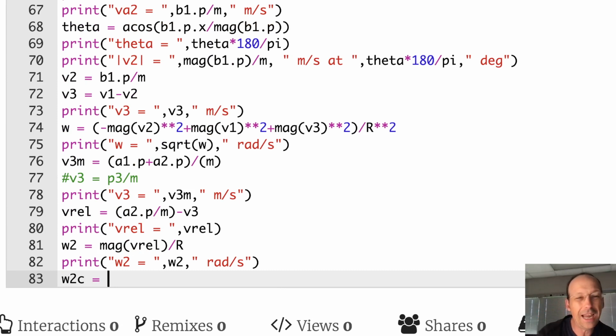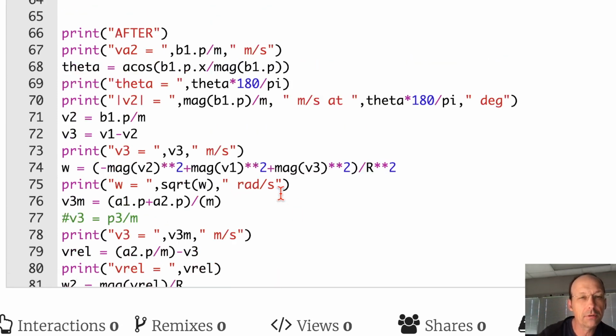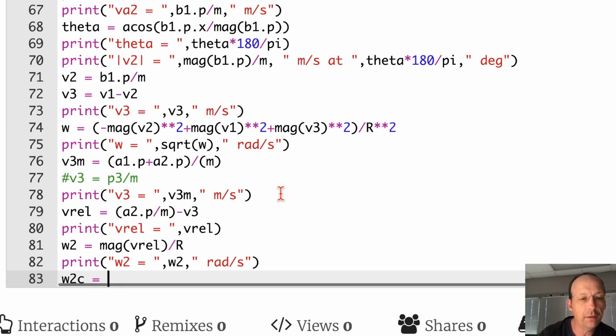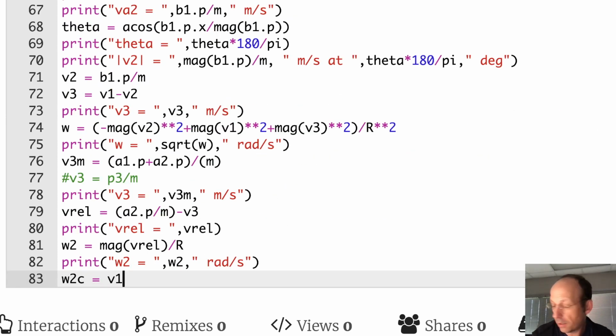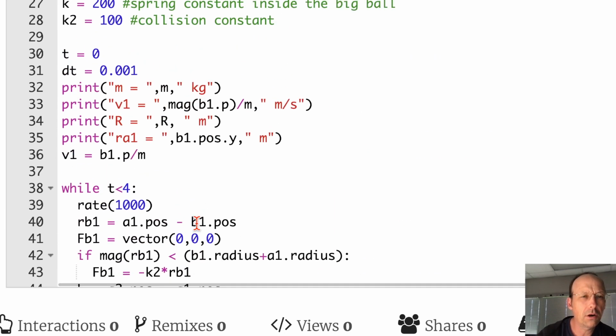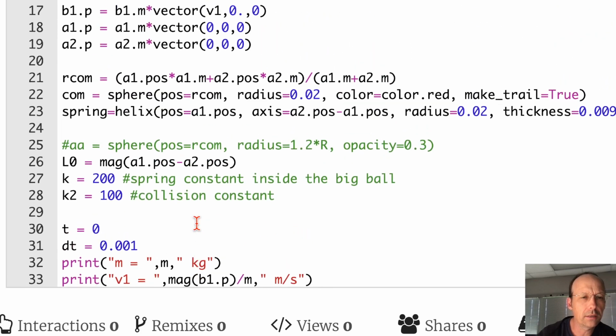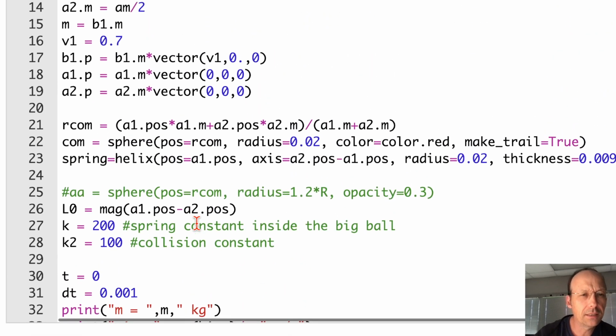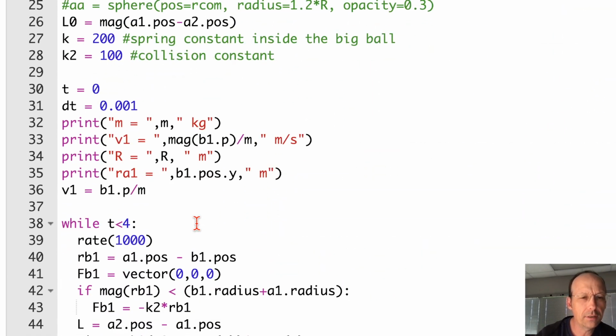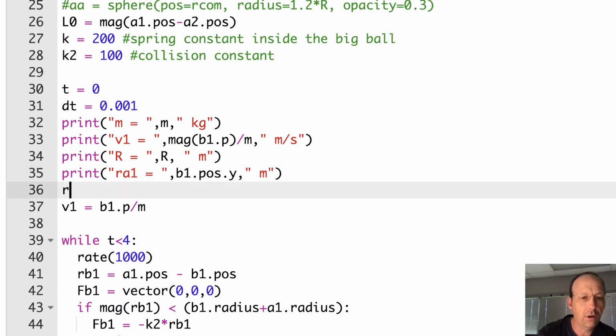It's VA1, which I have as a number, V1 times RA1, which I have as a magnitude. Did I? RA1. I'm so messy. Print RA1. Let's just call that RA1. RA1 equals b1.pos.y. That's fine.